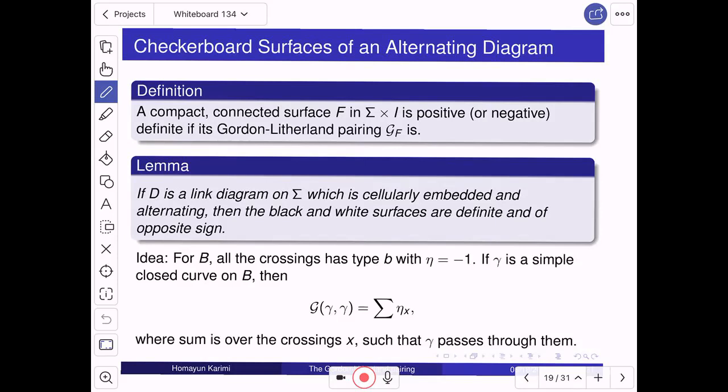As a result, the Gordon-Litherland pairing of each individual gamma with itself is the sum of the incidence numbers when that gamma passes through the crossings. So you add a bunch of negative numbers together, you get a negative number. That means this form on each gamma is negative, so that surface is negative definite. You can use the same argument to show the other surface is positive definite.